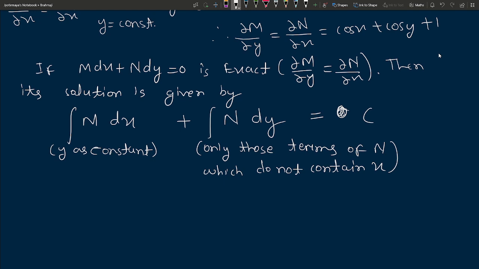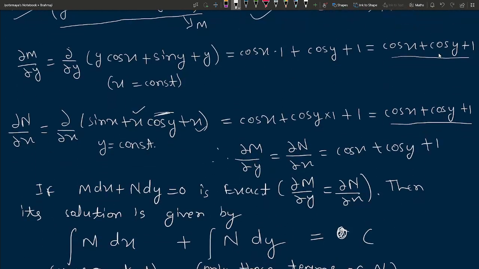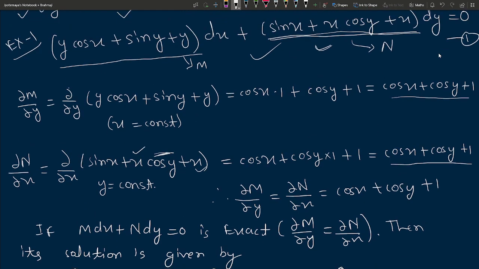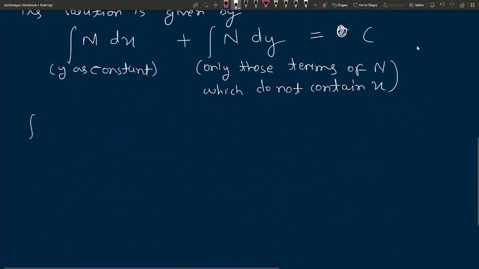Okay, so now integration of M. What was my M? M here is y cos x plus sin y plus y.